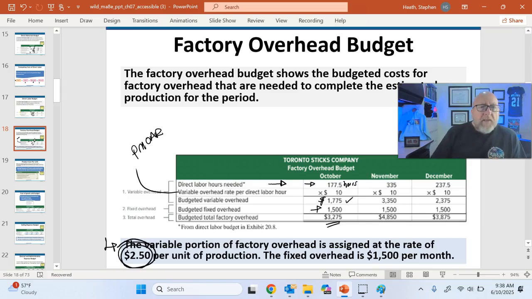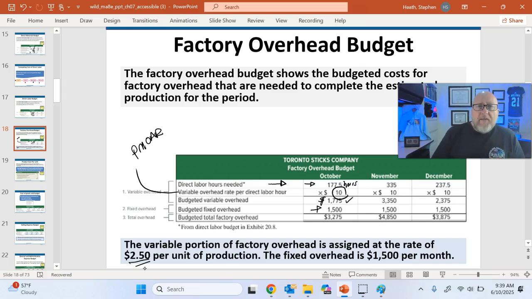So we're saying, listen, I scribbled that too much. We're saying that every unit that we produce is going to get allocated $2.50 of overhead. I should say variable overhead. And that's different than this $10.